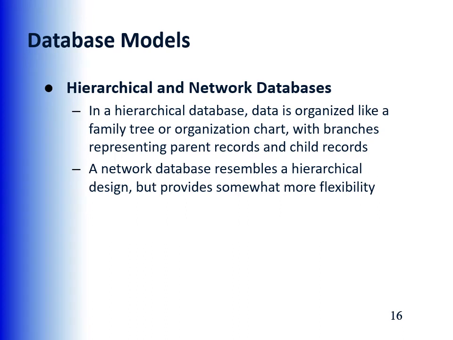Hierarchical and network databases. In a hierarchical database, data is organized like a family tree or organization chart, with branches representing parent records and child records. A network database resembles a hierarchical design but provides somewhat more flexibility.